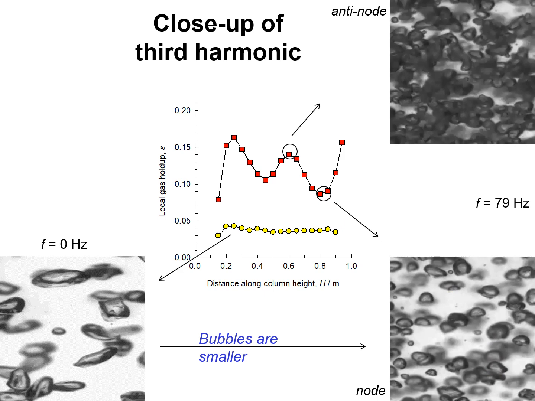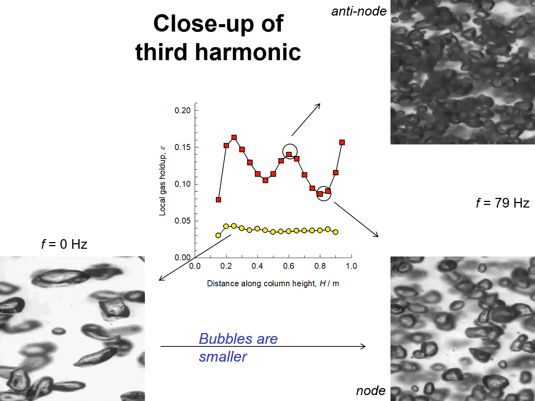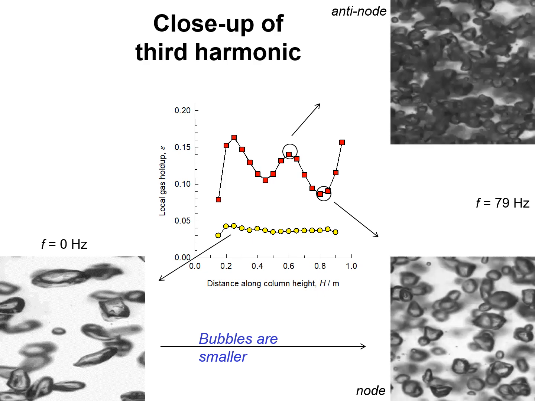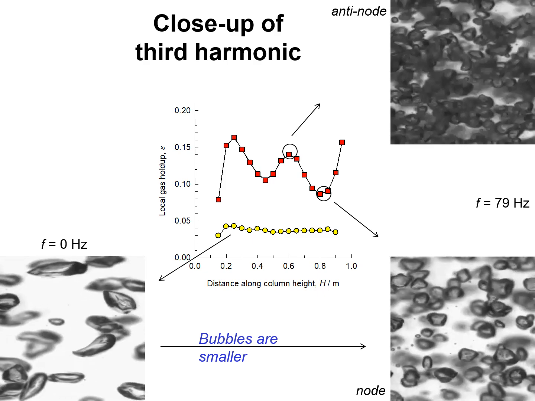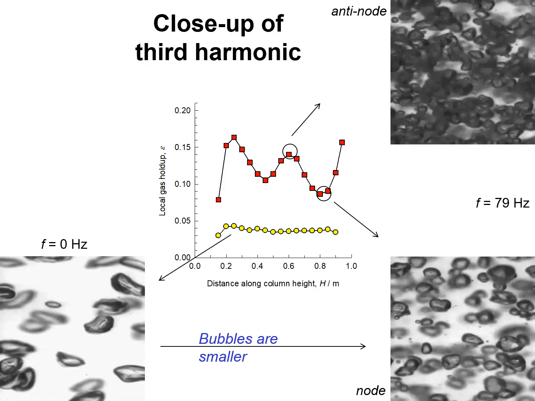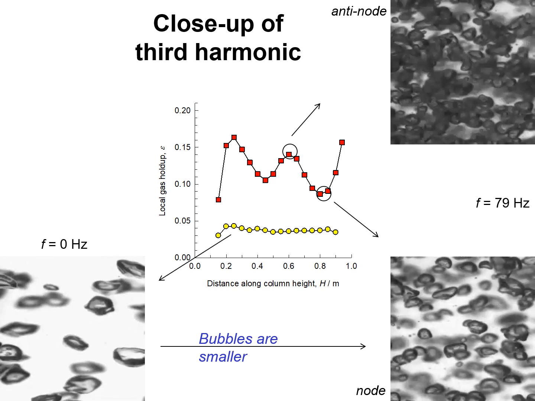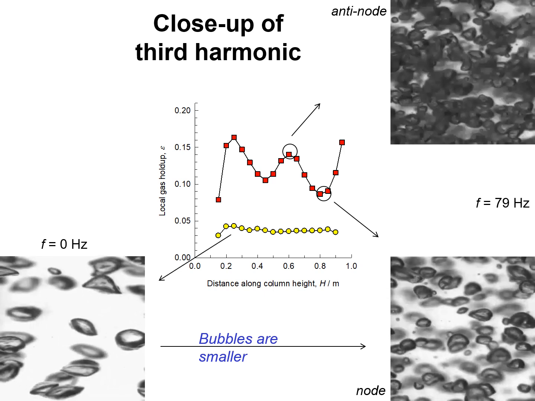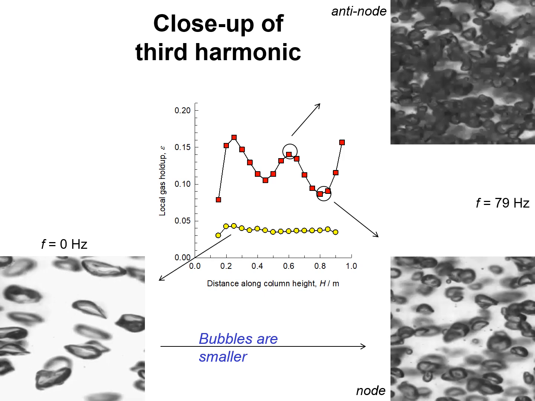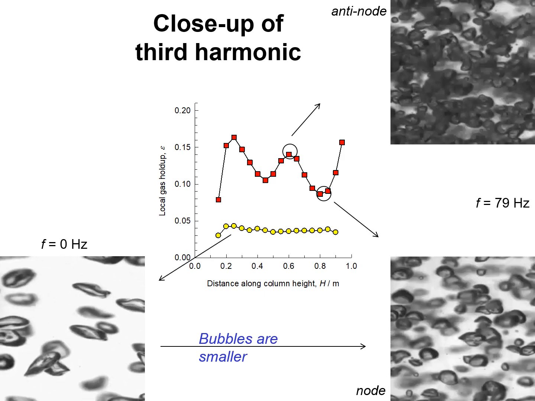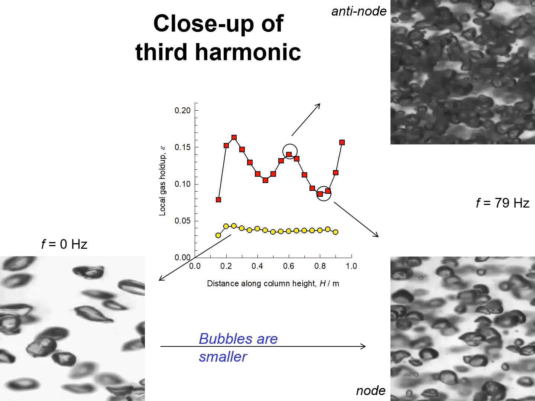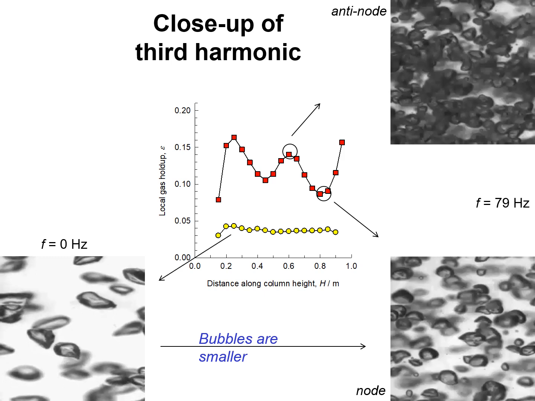And if we zoom in to the column, we see far fewer bubbles than at the antinode. So the nodes are more sparsely populated than the antinodes.